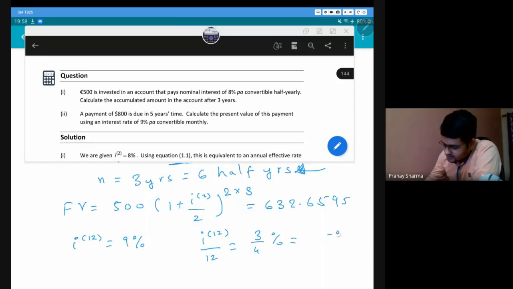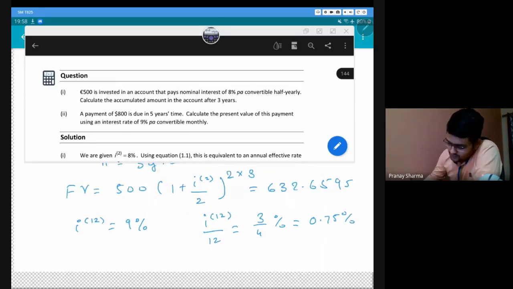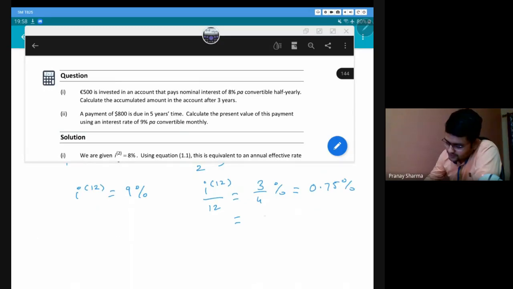No, sorry, not 1.75, 0.75%. 0.75% would be 0.0075. Okay. Some people make mistakes while converting percentage into decimal. So you just have to make a little bit of effort of keeping that in mind when we are solving it at the beginning, and later on your brain will do all the work.